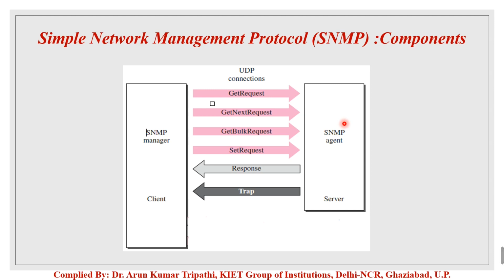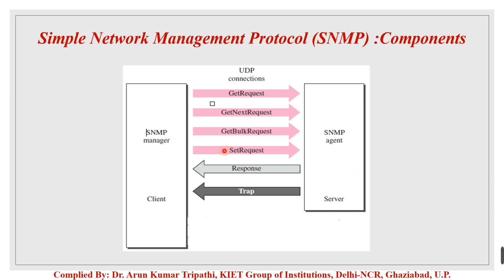What is your status, kindly send me. Then after it can send the next request also, or it can send a get bulk request for each, for example, overloading, bandwidth consumption, etc.